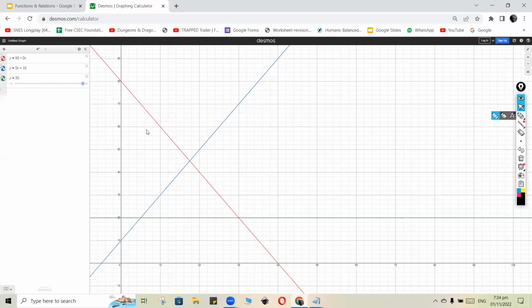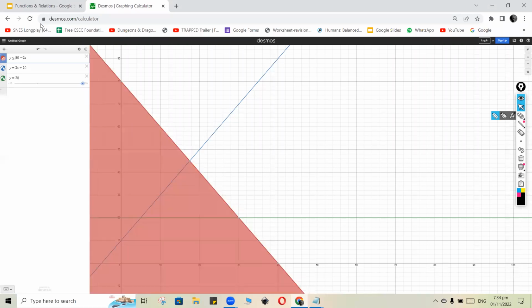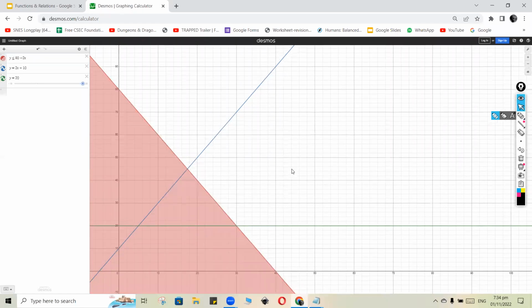For the red graph, are we shading below or above? Do you all remember? It was a less than, right? So I'm going to put in the less than symbol here for you all. Less than or equal. You notice what it did? It shaded everything underneath that graph in red.